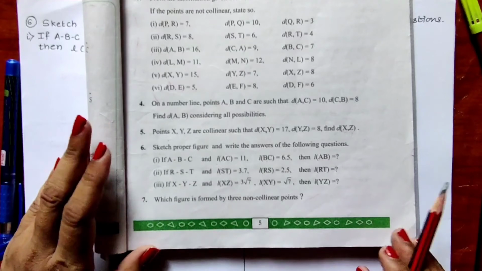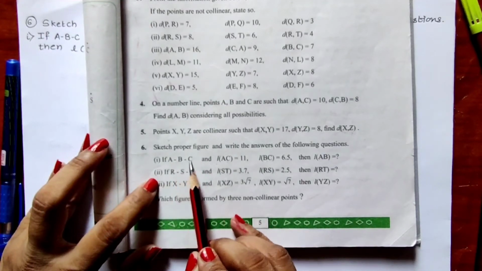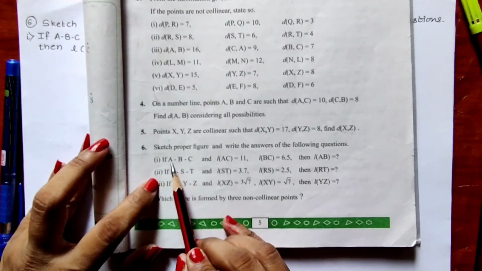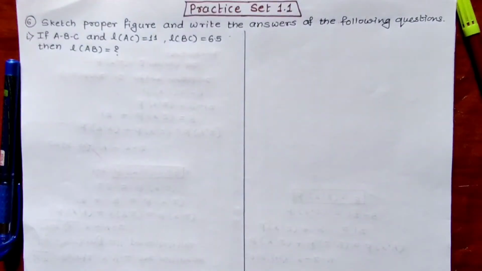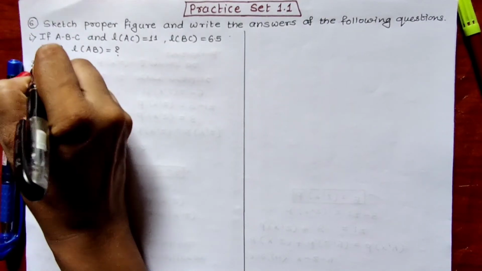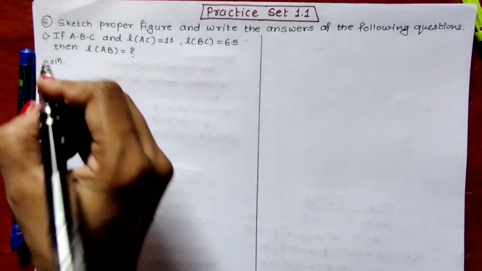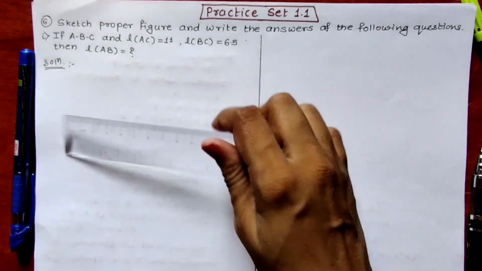So let us see how to solve. First we have to sketch the figure as A, B, C. Point A dash B dash C is there, that means B is between A and C. So we have to draw the figure accordingly. This is the first sum which I have written on my page. We will start the solution. First we will draw a sketch.